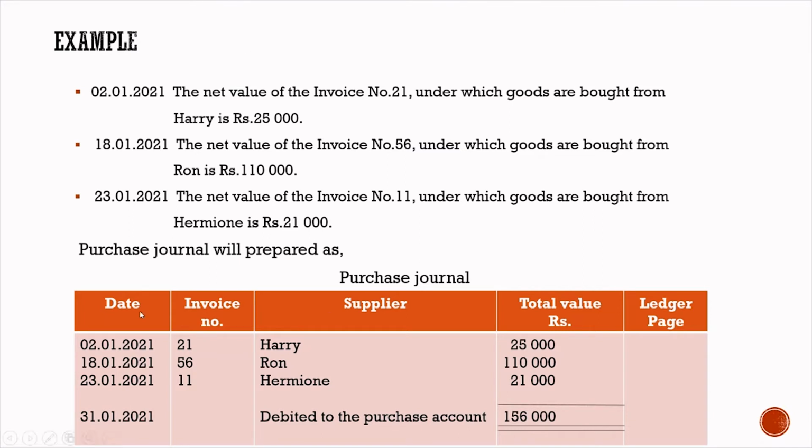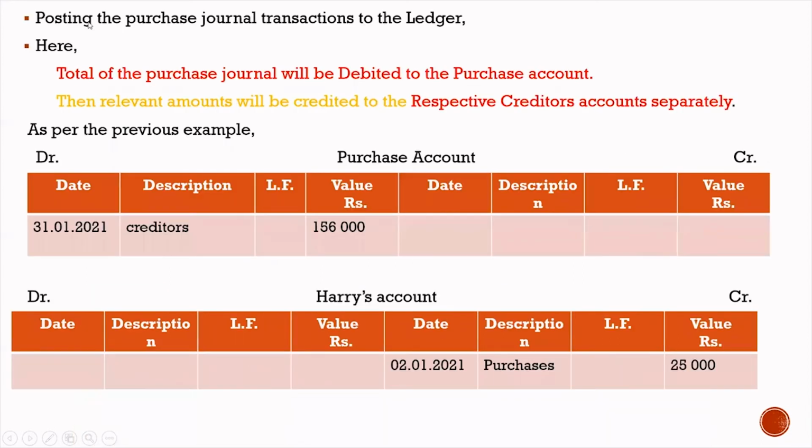So the way of doing the transaction will be as follows, right? When we are posting it, the total of the purchase journal will be debited to the purchase account while the credit entries will be done separately.